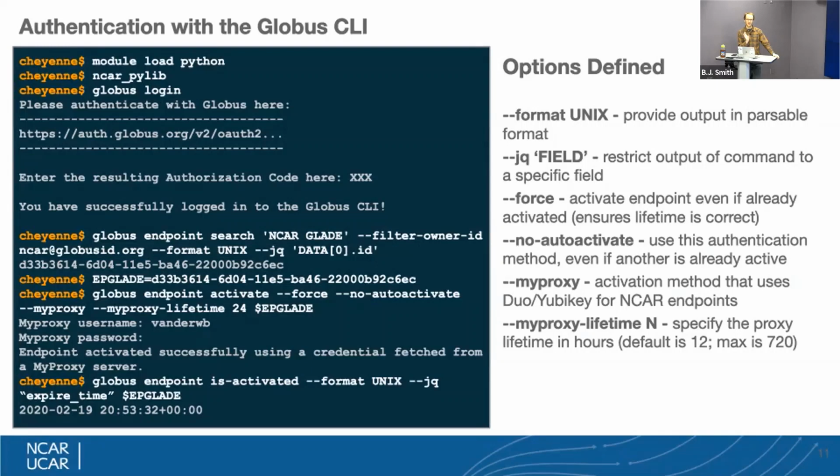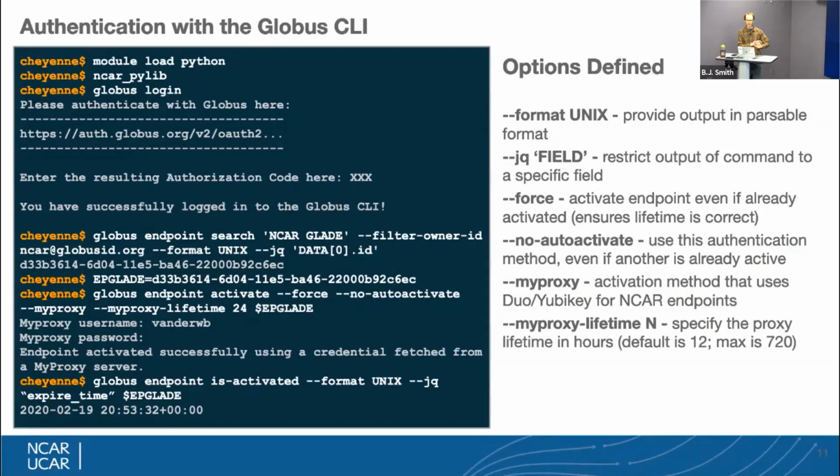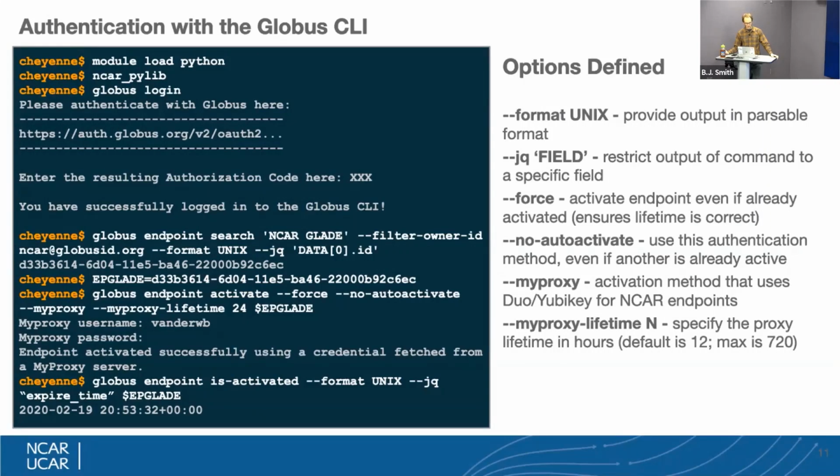When you combine those together, that makes sure that you're going to get a brand new activation every time that you activate an endpoint. Lastly, there's this --myproxy-lifetime, and that's how you can specify a longer activation period than 12 hours. And for our endpoints, the max that you can do is 720 hours or 30 days. So you can basically get a month out of an activation here.